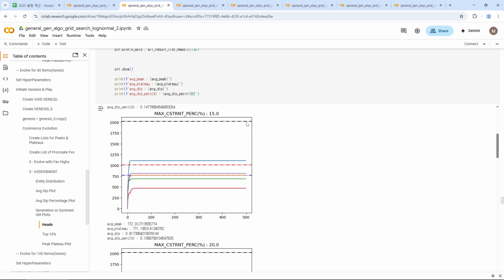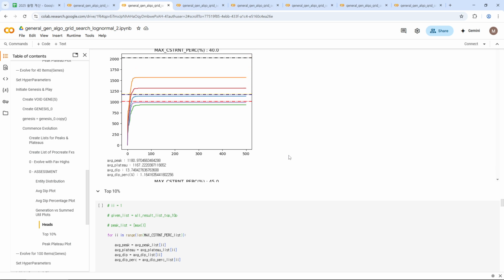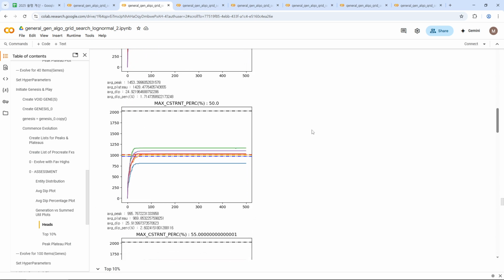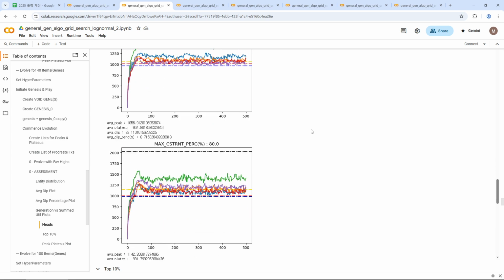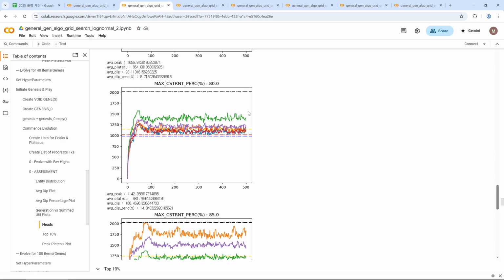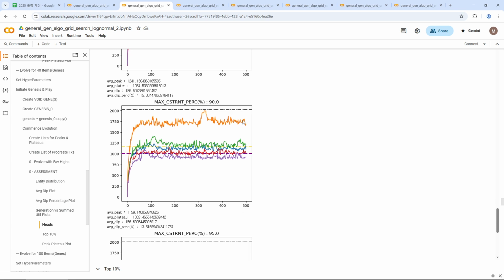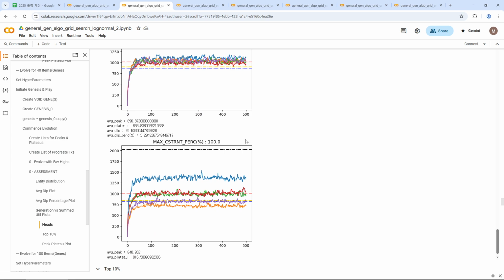When do we hit the black line? 80, 85 we do. Wow. Okay. 90 we almost did. 95 we didn't. 100 we didn't.